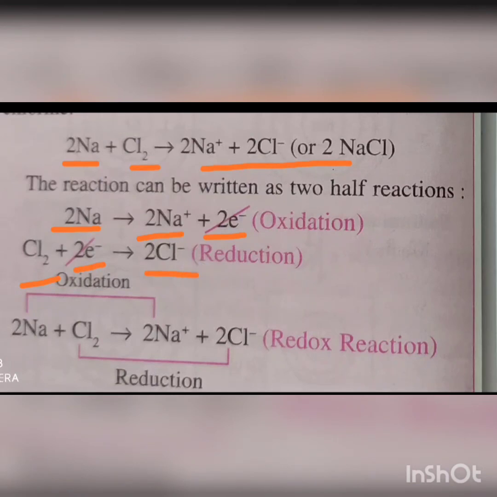So sodium, as it loses electrons, undergoes oxidation. Chlorine, as it gains electrons, undergoes reduction. So the redox reaction for the formation of sodium chloride is 2Na plus Cl2 gives 2Na+ 2Cl-.